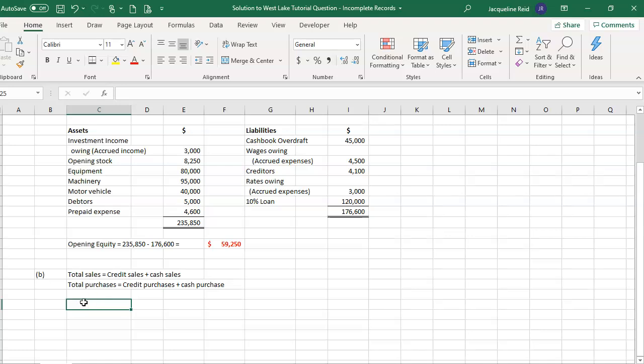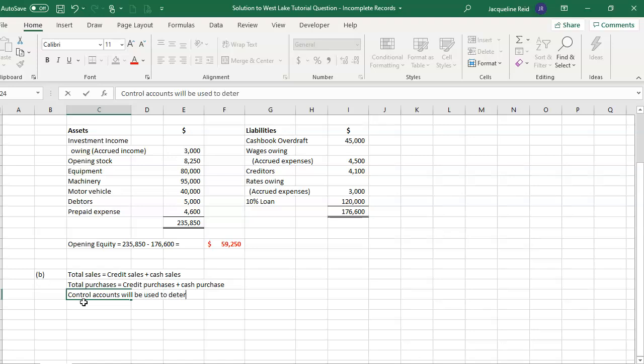Now, from your previous lectures on incomplete records, you would have been introduced to control accounts. So control accounts will now be used to determine the value for credit sales and credit purchases.